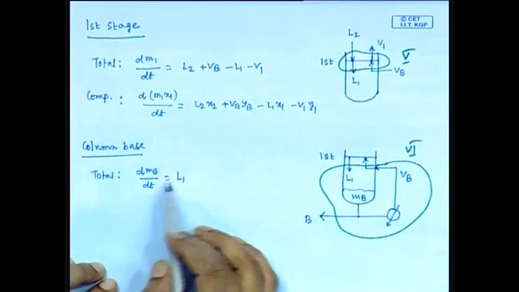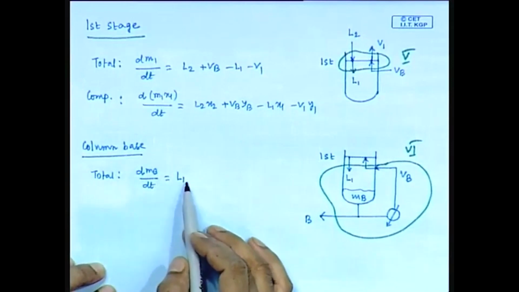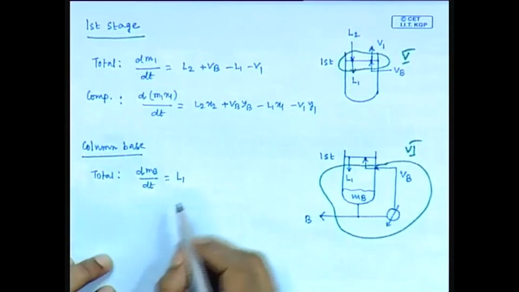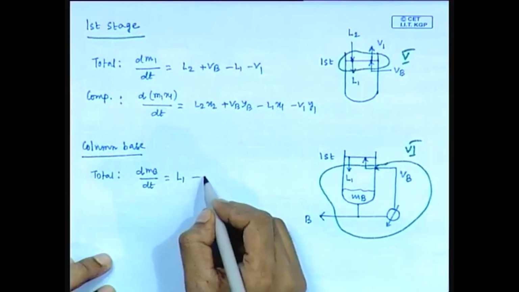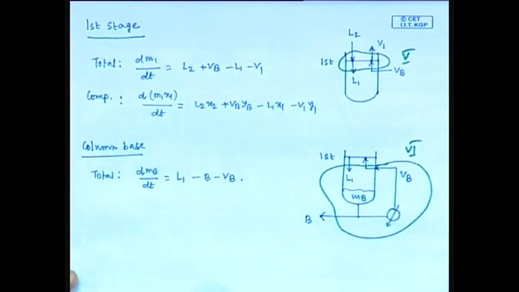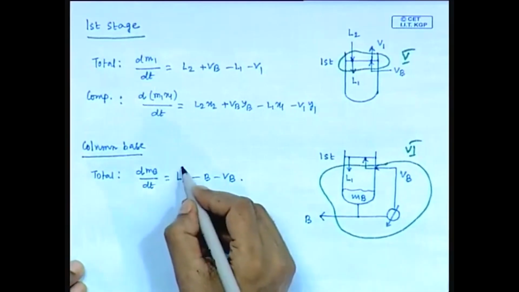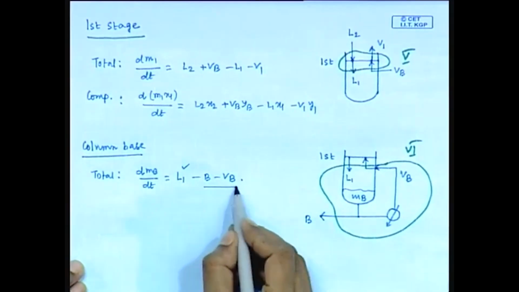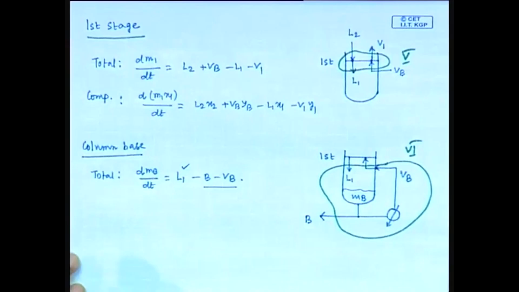So, the total mass balance is dMb/dt equals to input L1, and there are two output streams, one is B, another one is Vb. L1 is the input stream, B and Vb both are the outgoing streams from this sixth envelope.